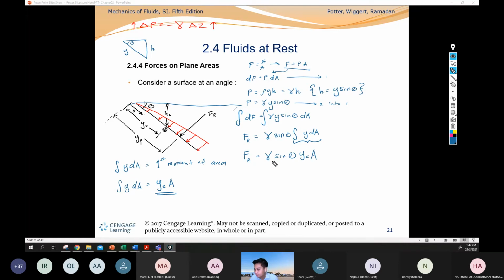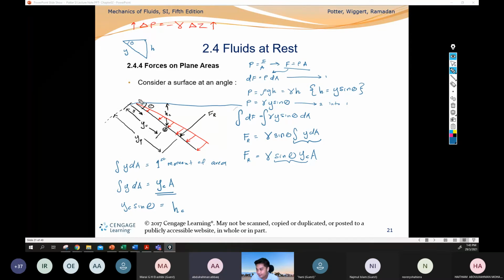All right. So from here, can you see YC and sine theta? Can you simplify? What is YC sine theta represent? HC. Is it equal to HC or not? Yes. So we can say that HC is equal to YC sine theta.